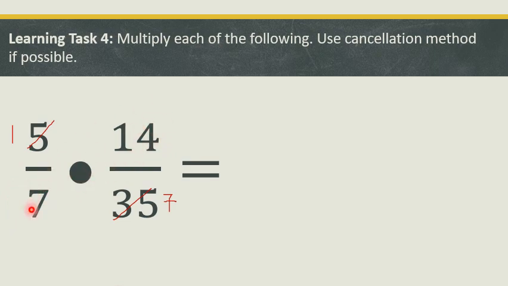Pwede siyang i-divide sa 7. So, 7 divided by 7 is 1. 14 divided by 7 is 2. So, ngayon, multiply na natin siya. So, 1 times 2 is 2. And then, 1 times 7 is 7. So, ito na yung answer natin.